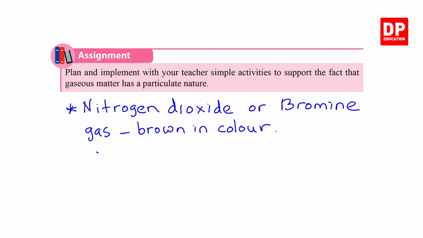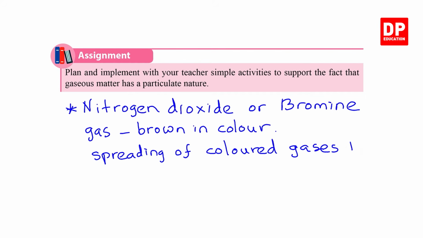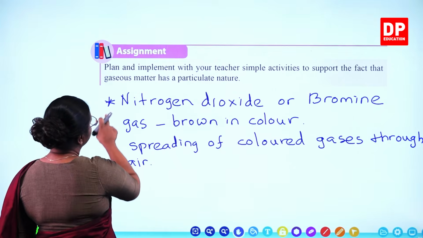So you can show the spreading of colored gases through air. That is one.